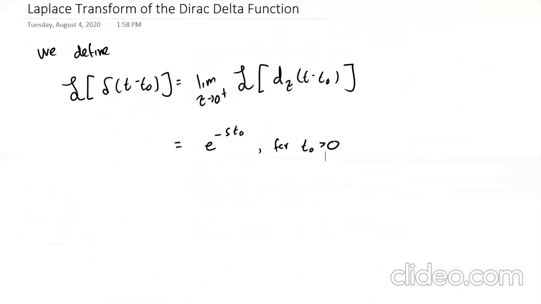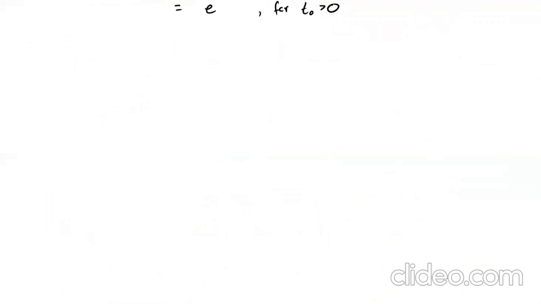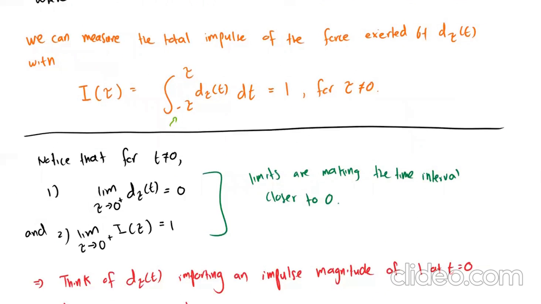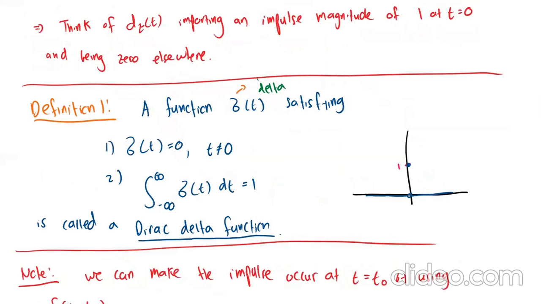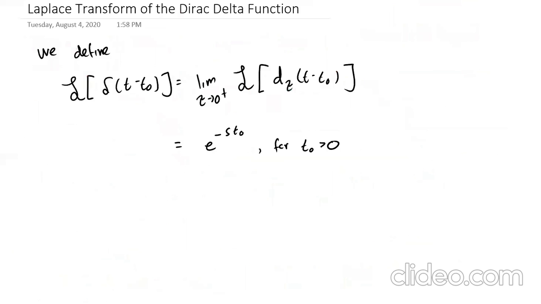Now, can we compute the Laplace transform of the Dirac delta function? It turns out we can. Why? Because we're going to define it using the Dirac delta function we defined before. So the Laplace transform of any Dirac delta function, so any function that satisfies these two conditions, is going to be given by the limit as tau approaches 0 from the right of the Laplace transform of this d sub tau function that we had.